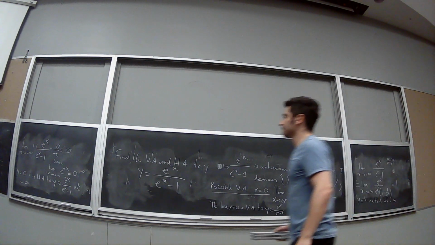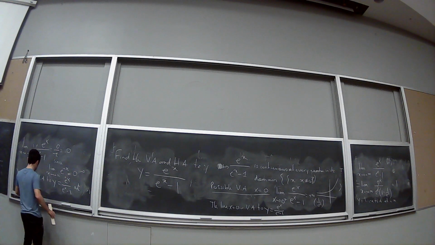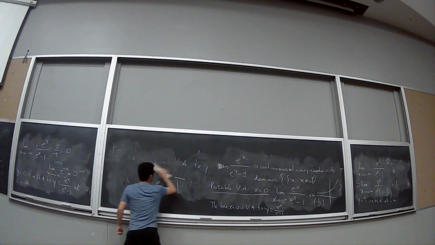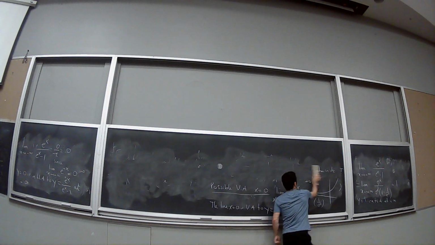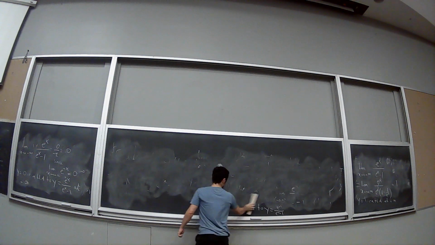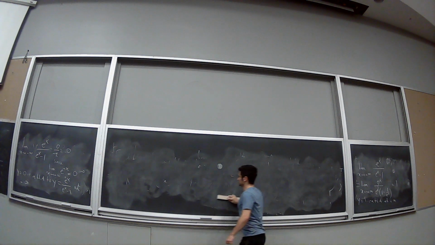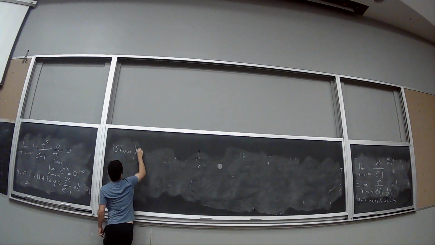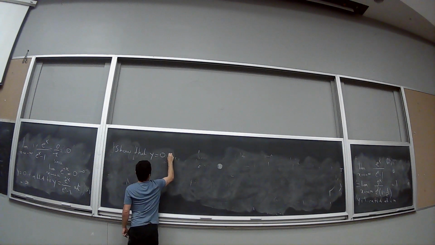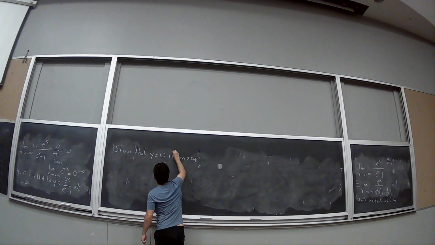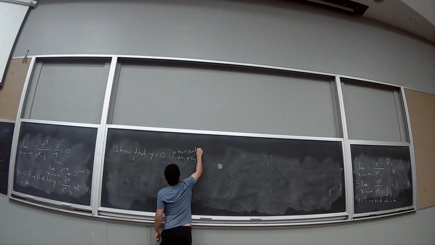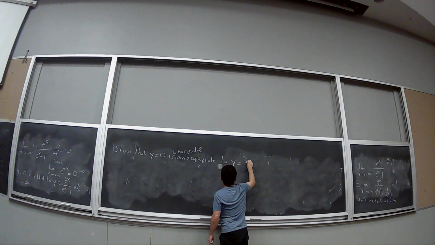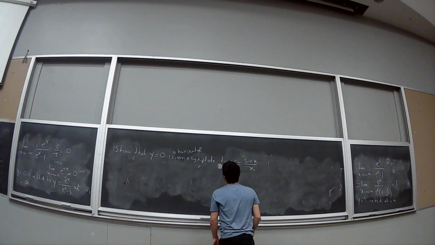Let's do one more. Show that the line y is equal to 0 is a horizontal asymptote to y is equal to sin x over x at plus infinity.